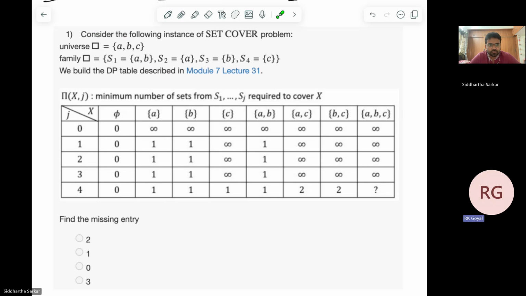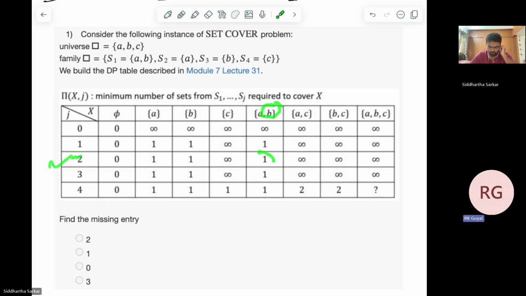No, the question is clear. Yeah, I could understand the meaning of this pi xj: the minimum number of sets required from S1 to Sj to cover x. Say, if we consider the entry corresponding to row number 2 and the column corresponding to a comma b, then the entry is 1.